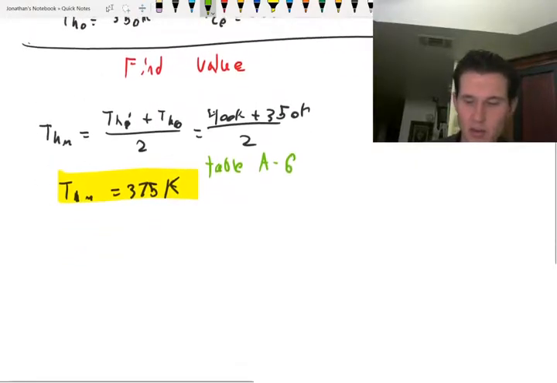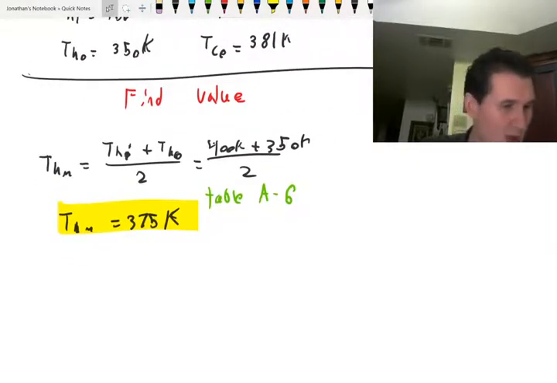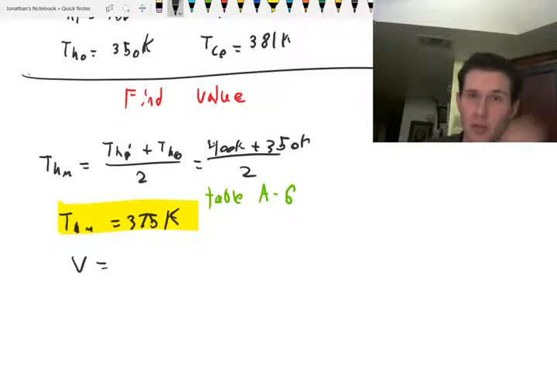All right. So when we're doing that, we're going to want our specific volume, and we're taking all these values at this temperature. Now remember, your water table goes in terms of 5 degrees Celsius, so 375 Kelvin is going to work perfectly. And remember, keep your temperatures in Kelvin.